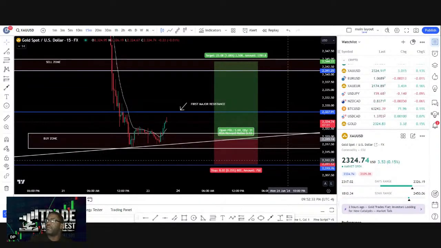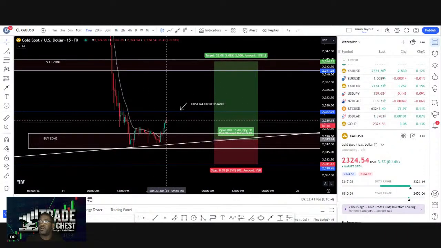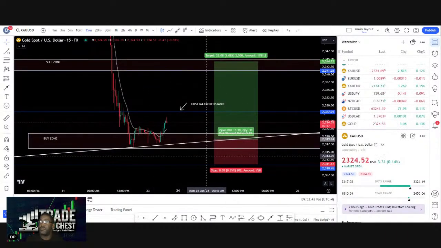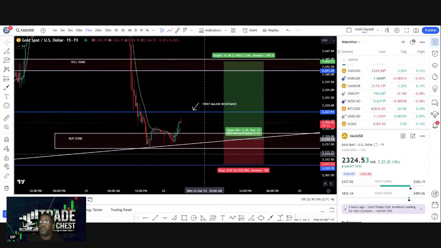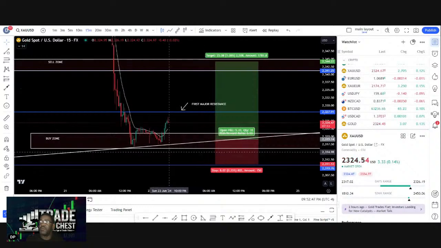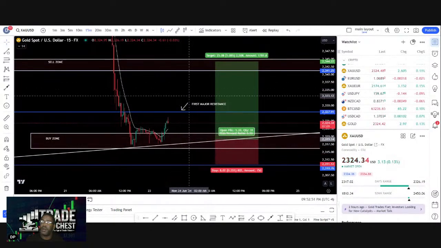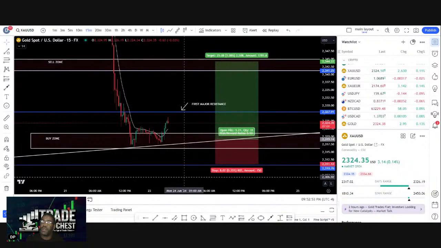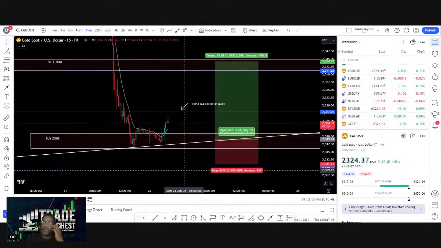So let's maintain our focus, right? And as I said, I always secure those profits. We see it doing a little retracing or correcting, which is expected. But we got to have the wherewithal to understand our goal and our analysis. Right? And we got to have confidence in it. That's going to be the key.